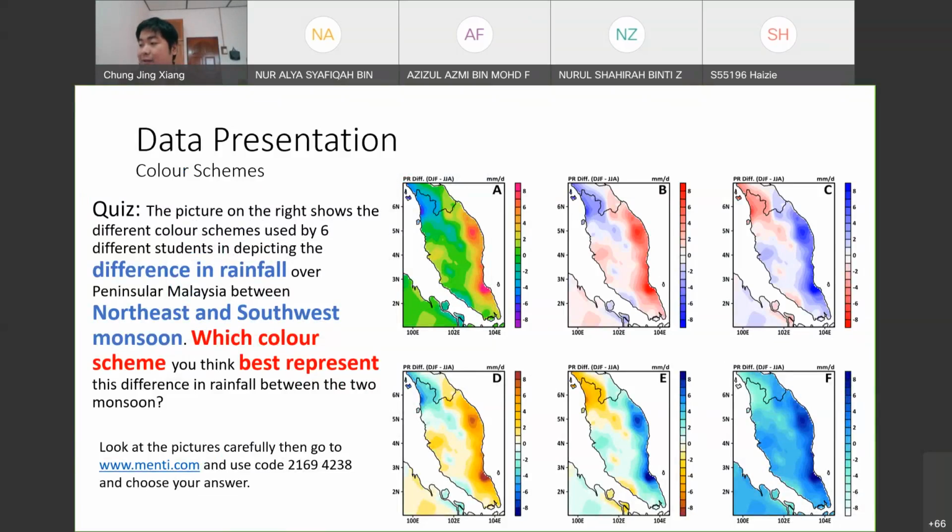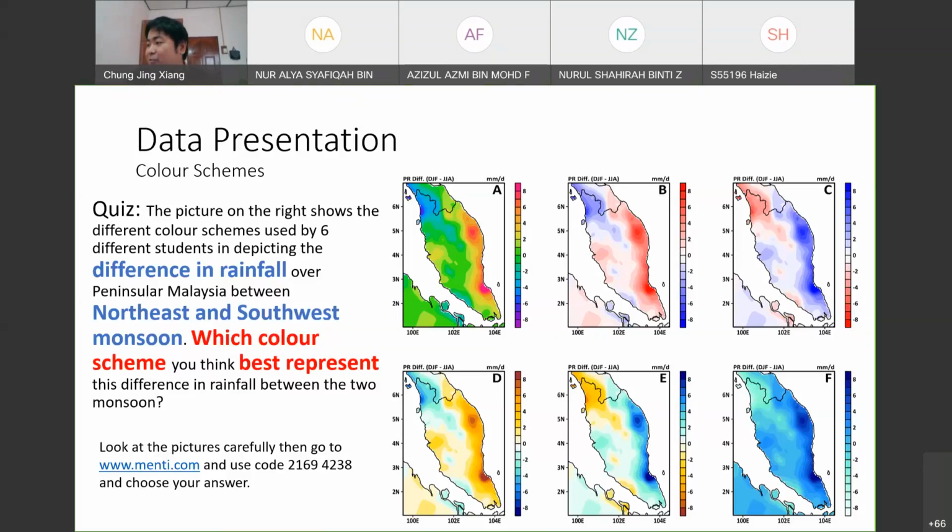But when you have blue, greenish, it feels like wet. It gives you a very wet or cold feeling, correct? So when you want to talk about differences in rainfall, the difference is dry or wet, right?